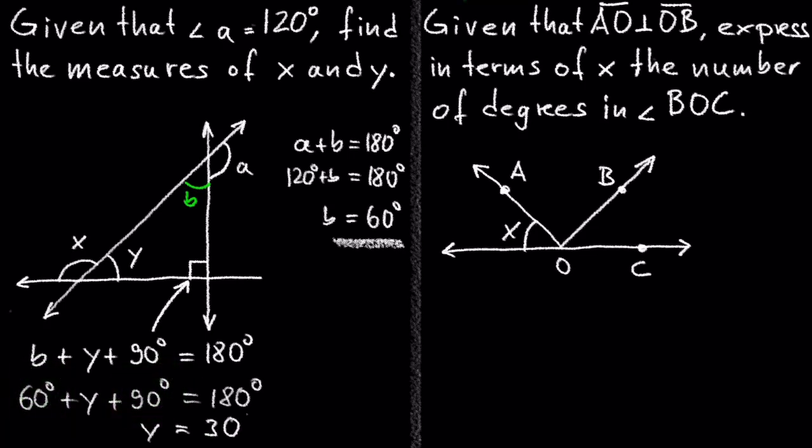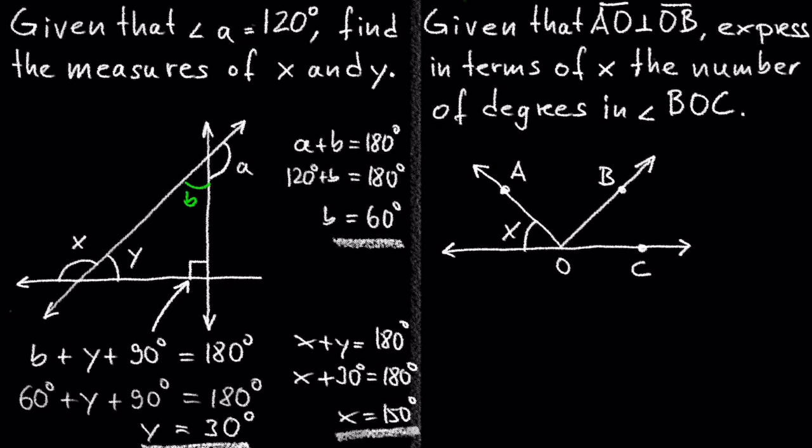So we get Y equals 30 degrees. And X plus Y is 180 degrees. X plus 30 degrees equals 180 degrees, and 180 degrees minus 30 degrees is 150 degrees, so we get X equals 150 degrees. Let's look at the last example.